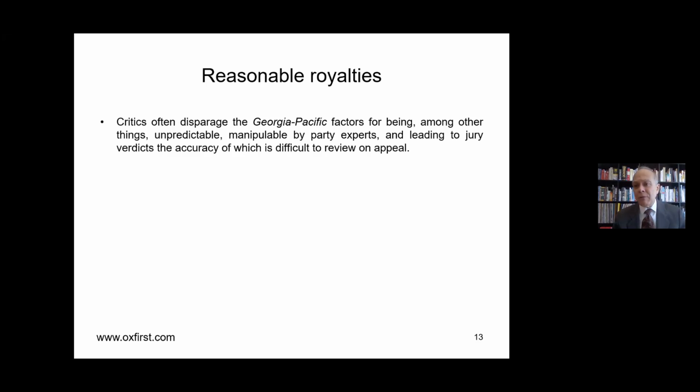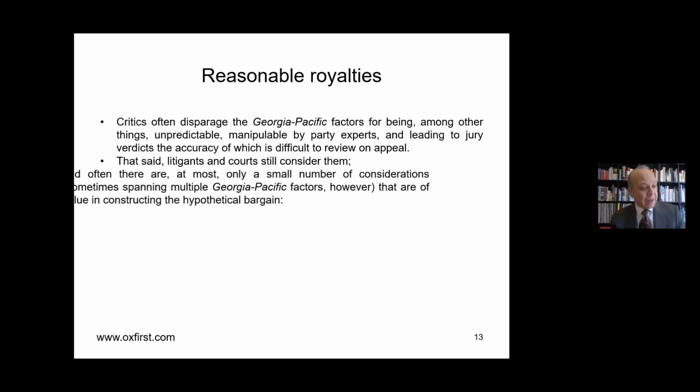We often wind up with very different estimates from the two different sides' experts on what the appropriate reasonable royalty should be upon application of the Georgia-Pacific factors, and it can also lead to jury verdicts which are difficult to review on appeal, since most patent infringement cases in the US these days are jury cases. That certainly is a point of difference from everywhere else in the world. That said, litigants and courts still consider the Georgia-Pacific factors. So for good or for ill, this is what does happen.